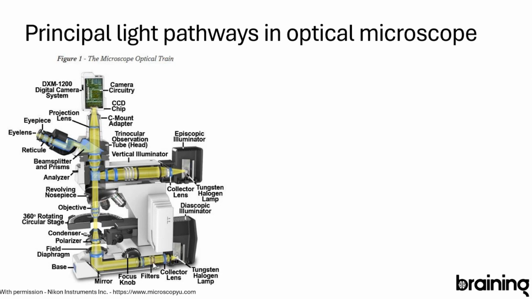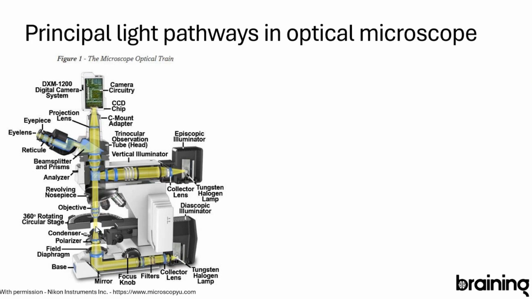Then we have specialized filters, and one of those filters is the heat filter, which eliminates the infrared radiation in order not to heat our specimen. We can have some other filters like diffusers and color filters, which give us a preferred color of our light. Then this light goes to the condenser, which is a very important part of the illumination forming pathway, because it removes all the aberrations which usually occur during the transmission of the light from the source to our specimen.